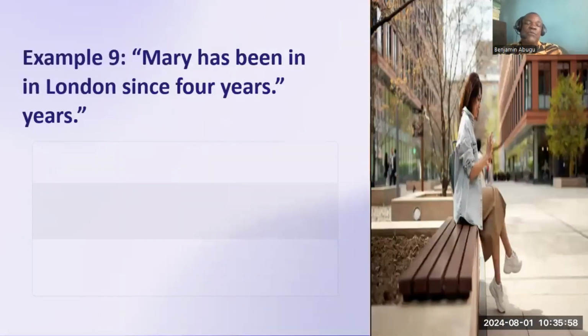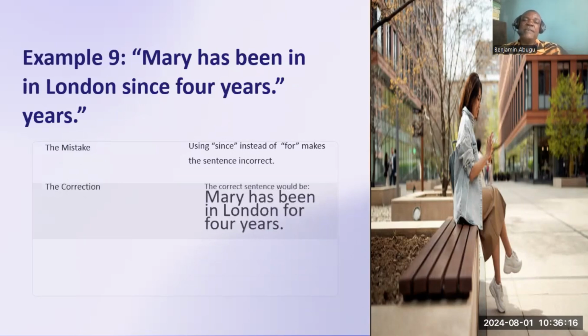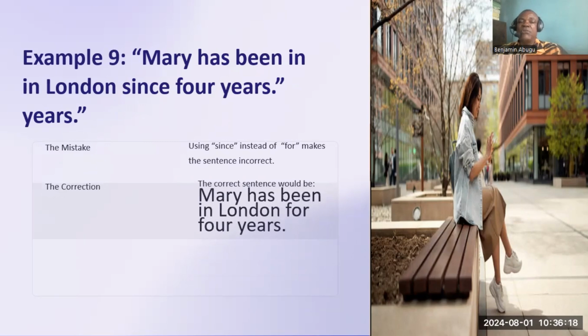So let's now move on to example 9. Mary has been in London since 4 years. Now, the mistake is the use of since instead of for. That makes the sentence incorrect. The correct sentence would be, Mary has been in London for 4 years.